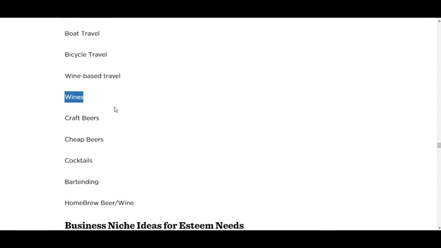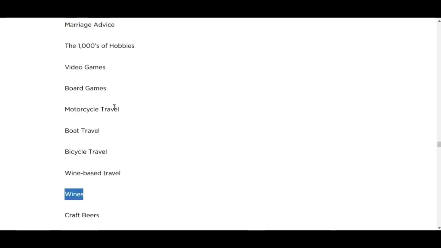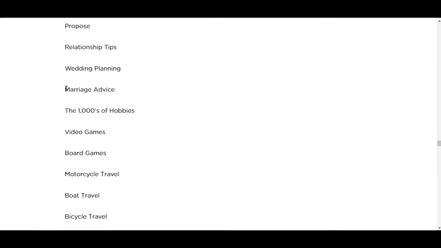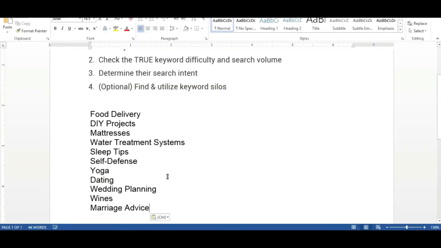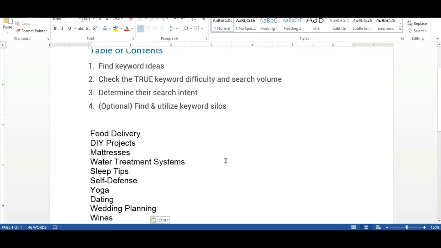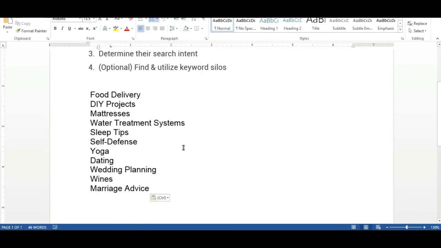So it's nice actually. Marriage advice. I forgot this. Nice. So we have 1, 2, 3, 4, 5, 6, 7, 8, 9, 10, 11. We have 11 keyword ideas with our research.